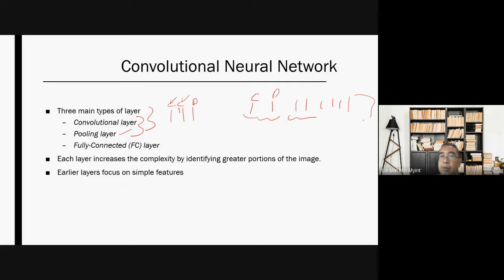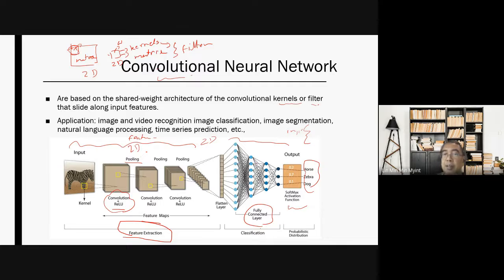At the end, we use the fully connected layer. A fully connected layer is just like a conventional neural network, but for the deep neural network we have to use many hidden layers, an MLP, multi-layer perceptron.